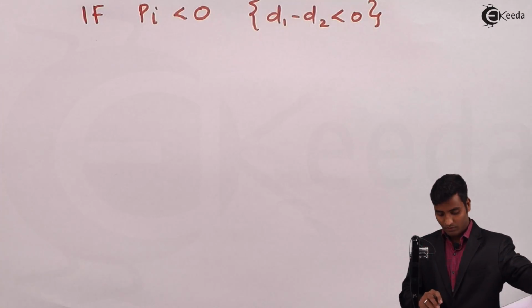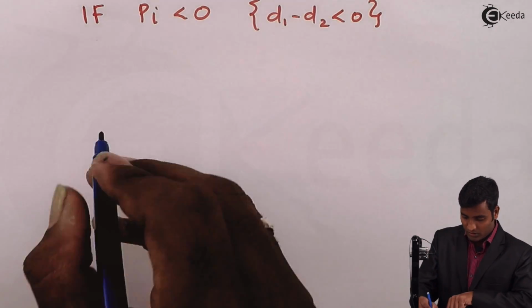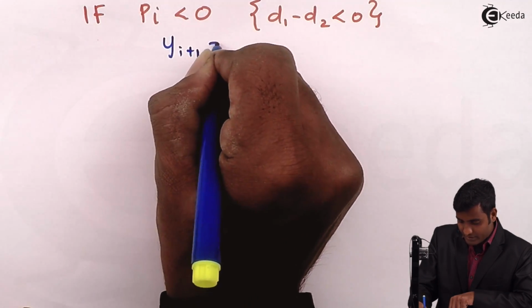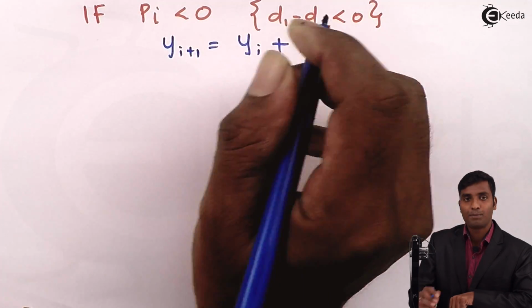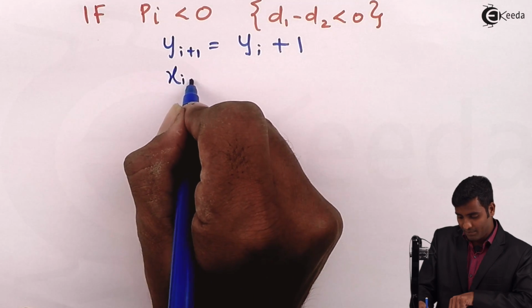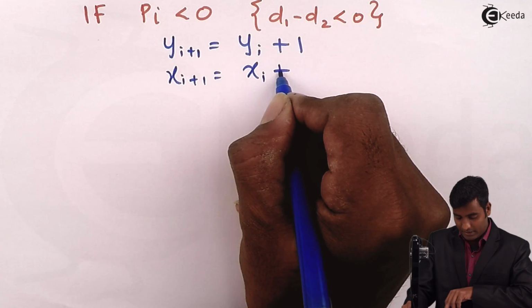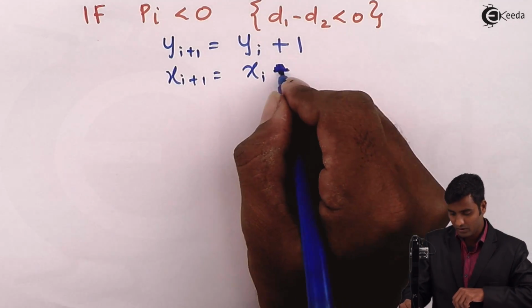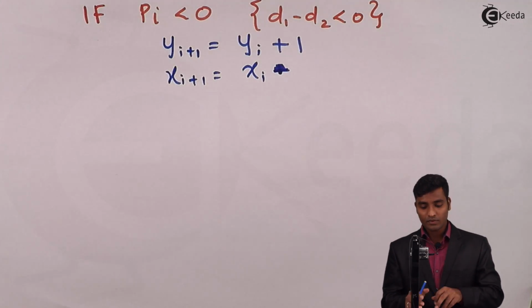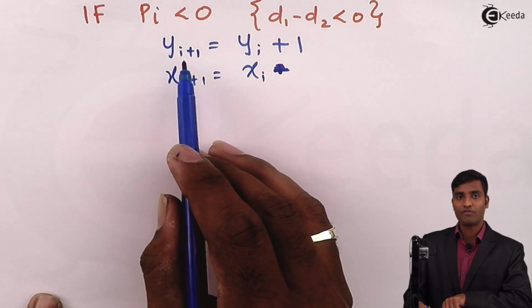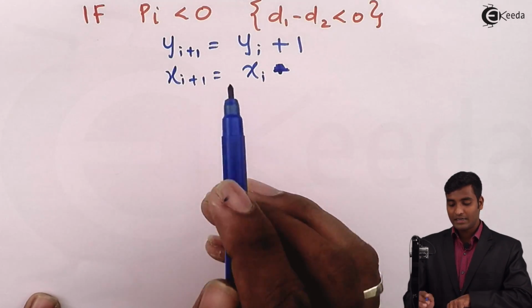So that is, yi plus 1 equals yi plus 1 and xi plus 1 is just xi.